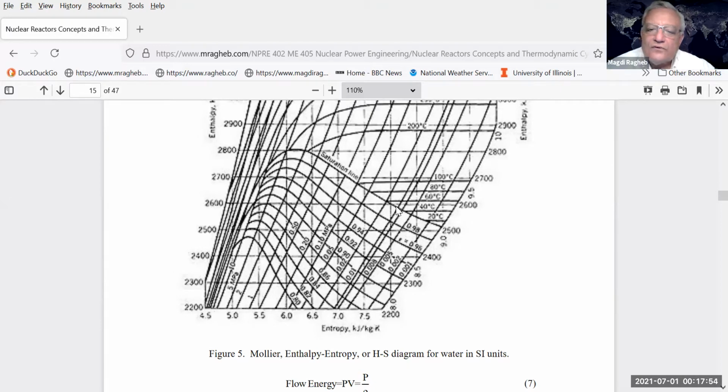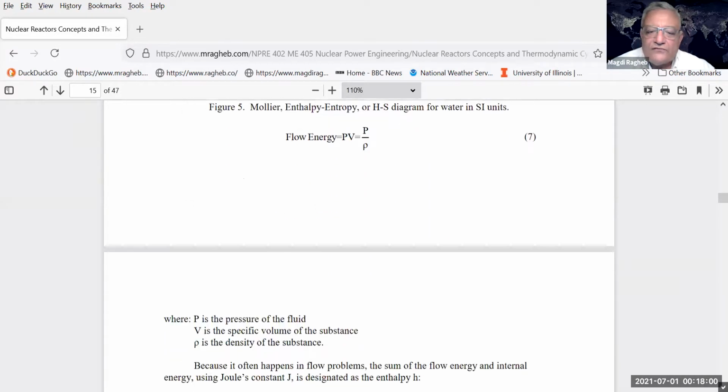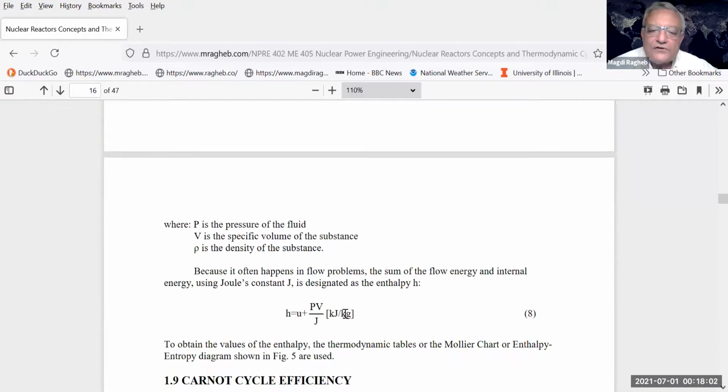So that is all the water has turned into steam. The enthalpy is in thermodynamics defined as the flow energy, PV over J, plus the internal energy. It's simpler in design application to use the combination of the flow energy and the internal energy. Again, U is the internal energy and PV over J, with J the Joule's constant, is the flow energy.